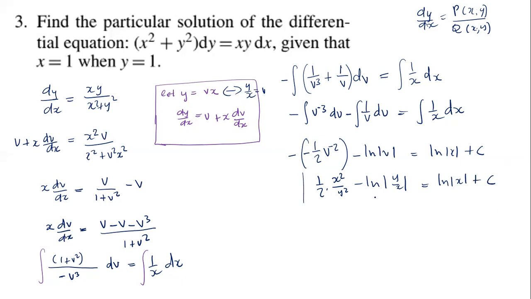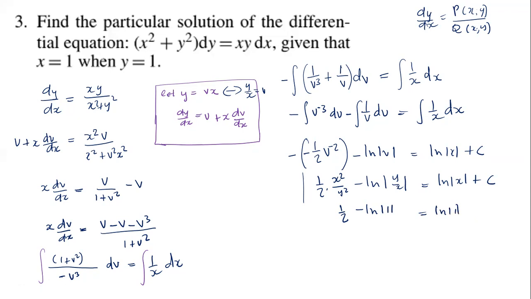But remember, we are not looking for a general equation. Rather, we are looking for a particular solution. So where we see x and y, we substitute 1. So here we're going to have 1 over 2 when we substitute 1 over there. And then here we're going to have ln 1, and on that side as well, we are also going to have ln 1, right?